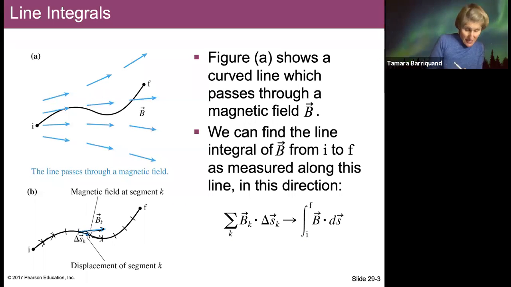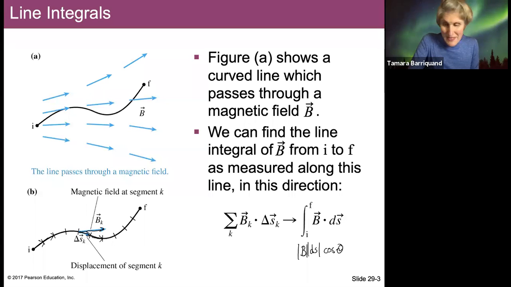We're going to do the sum of B_k dot delta S. And that will then become the integral of B dot ds, where I want to remind you that the dot product is the magnitude of B times the magnitude of this little piece ds times the cosine of the angle between them.